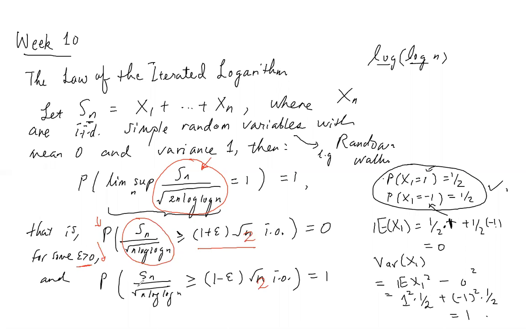And the probability of this random variable exceeding the amount with 1 minus epsilon infinitely often is equal to 1.